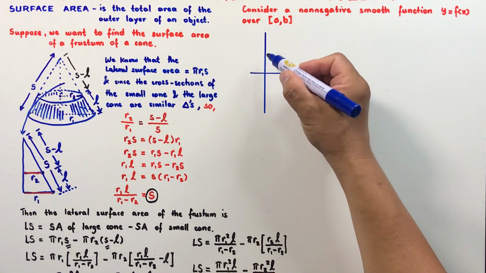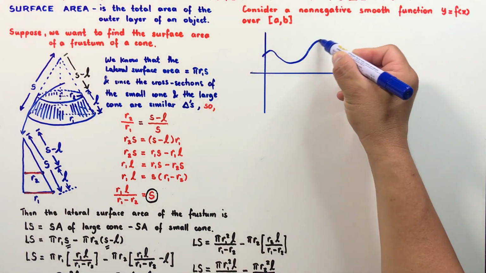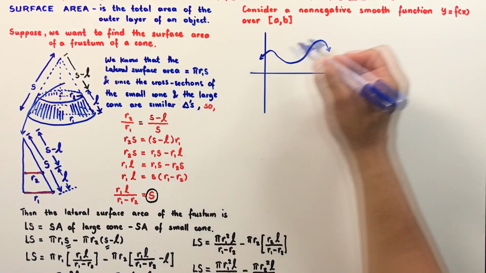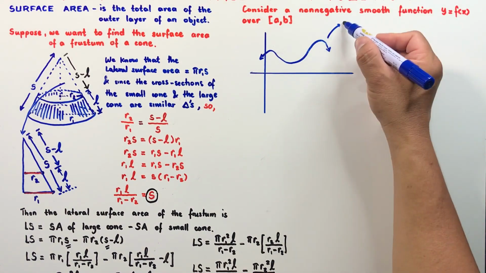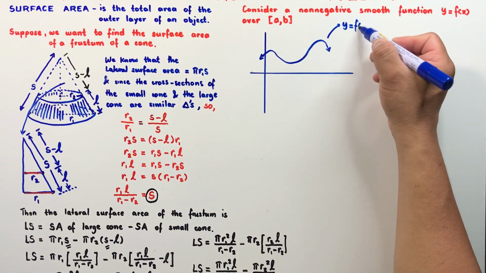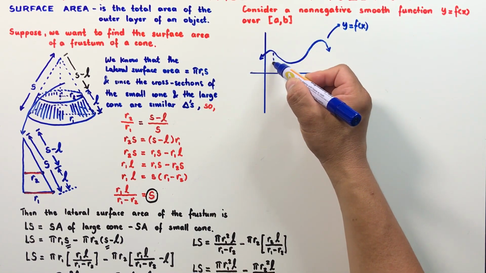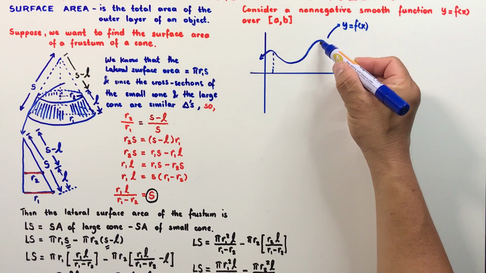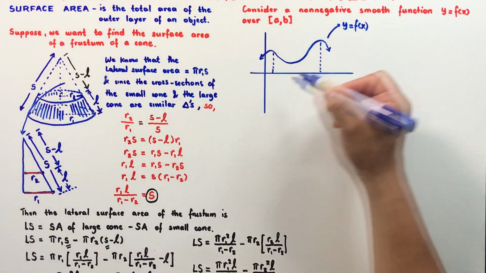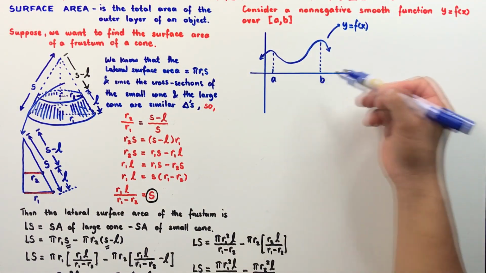And suppose this is the graph of the smooth function. So this has an equation of y equals f of x, and this is a continuous function over a closed interval from a to b.